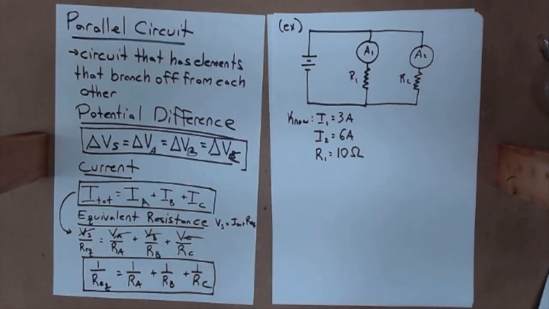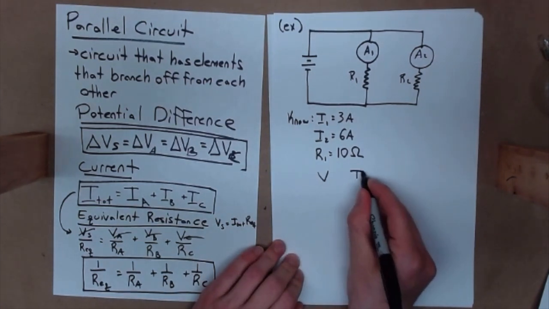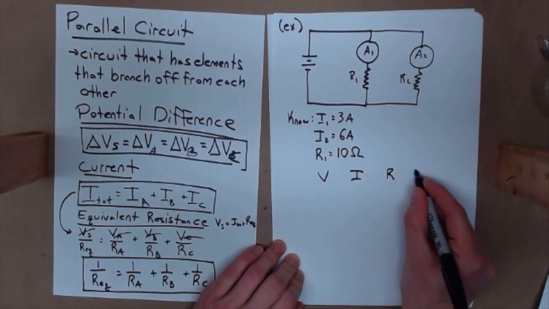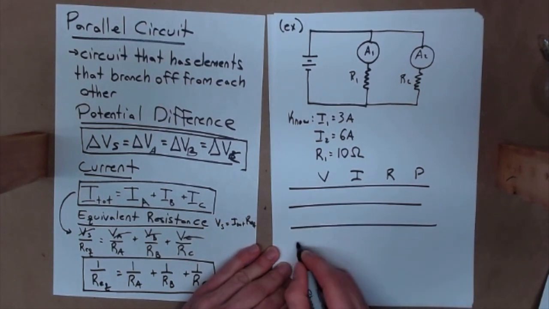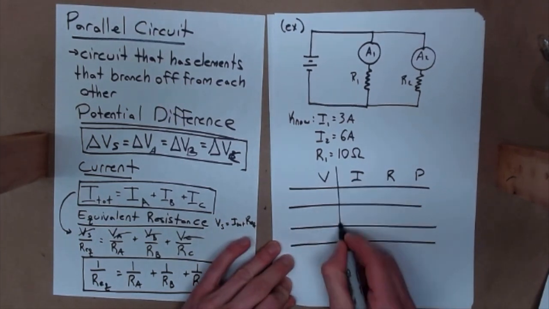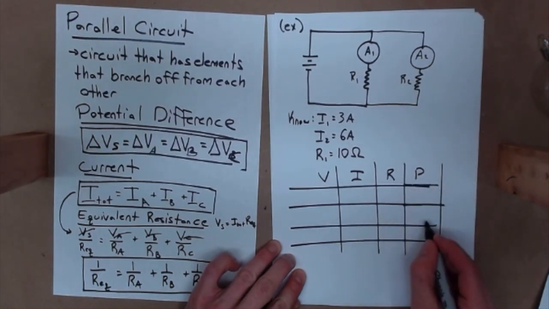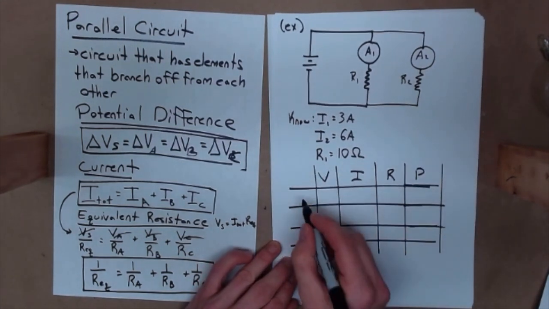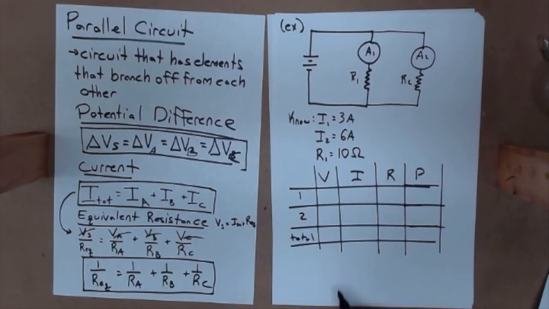Again, normally I would give you a problem where I ask for a specific value, but what we're going to do is make one of these tables, because we want to get practice solving for every possible thing we can. So resistor 1, 2, and total.